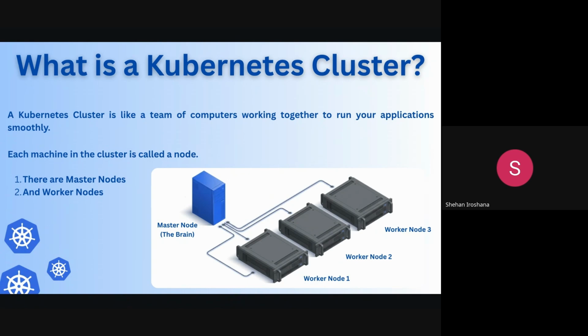There are two main types of nodes: master nodes, also known as the control plane, and worker nodes. The master node is responsible for managing the cluster. The worker nodes are responsible for actually running the applications. So you can think of it like this: the master node makes decisions, and worker nodes execute those decisions.